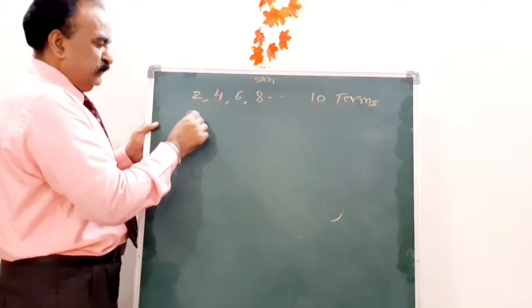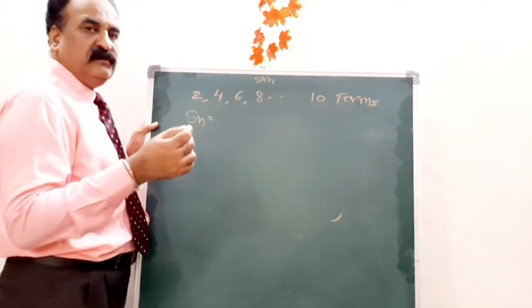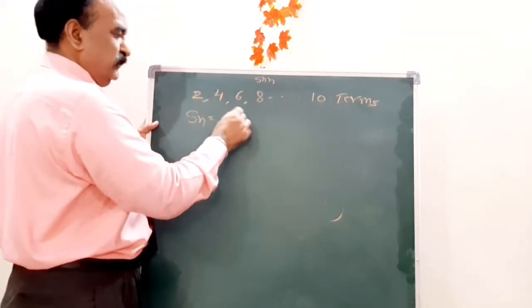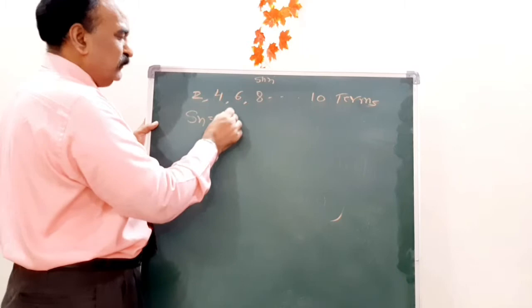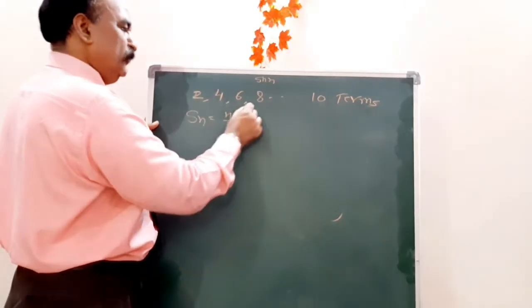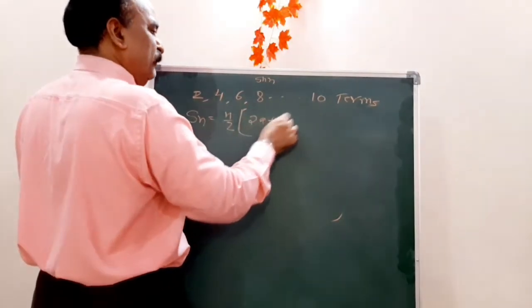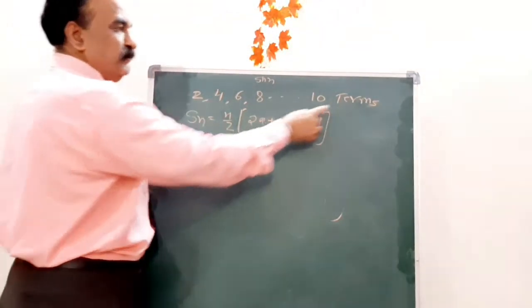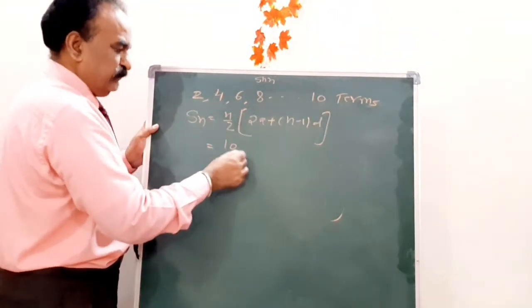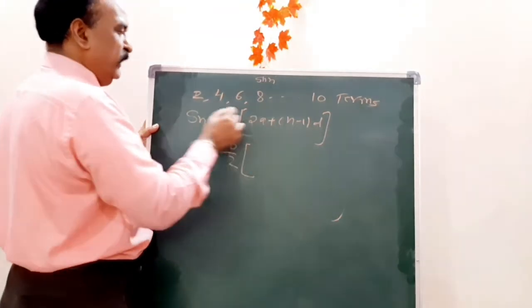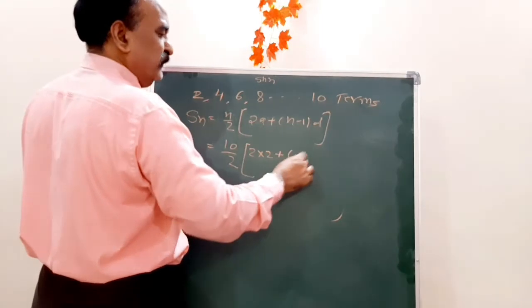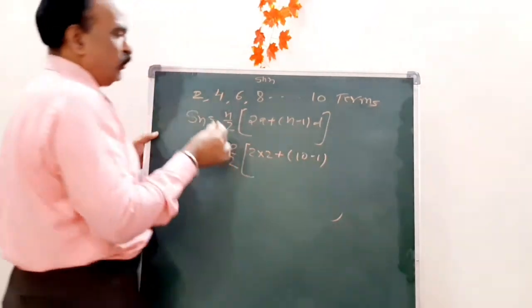It means Sn is equal to n by 2. Number of terms are 10. First you write the formula n by 2 into bracket 2A plus n minus 1 into D. N means number of terms are 10. So 10 by 2 into bracket 2A. What is your first term? 2. So 2 into 2 plus 10 minus 1 into common difference.